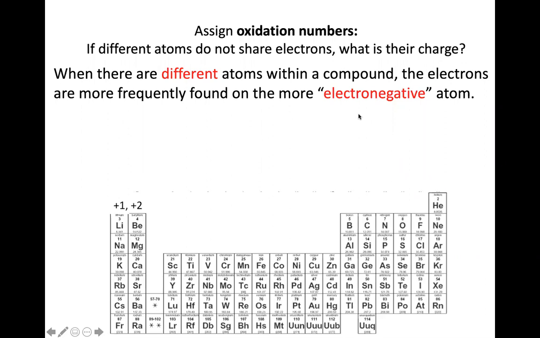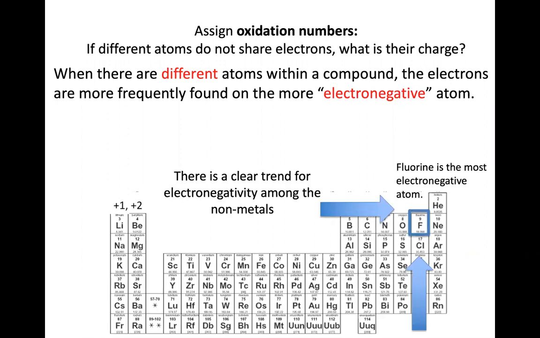The more electronegative atom is the one that is more strongly attracting the electrons. Now, the most electronegative atom is fluorine. When it is found in compounds, it's the one that is most attracting the electrons.